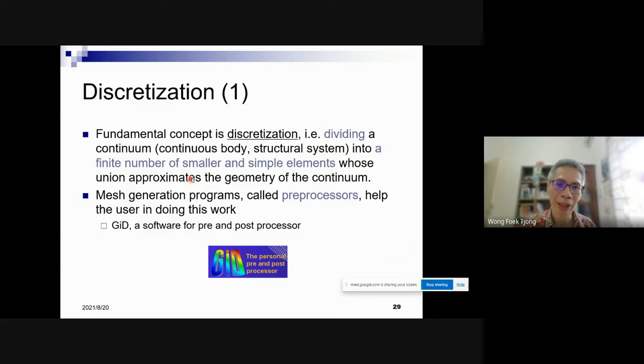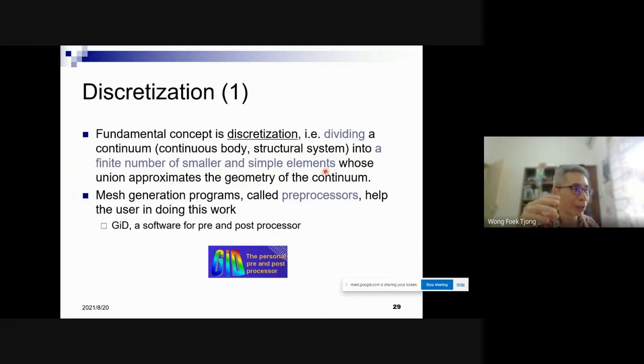As I mentioned, what is the function of finite element? How does finite element work? To make a continuum into discrete. That's called discretization, continuous model to discrete. Practically, how to do discretization? By dividing a continuum, I mean a continuous body or structural system, into a finite number, finite, not infinite, of smaller and simple elements.